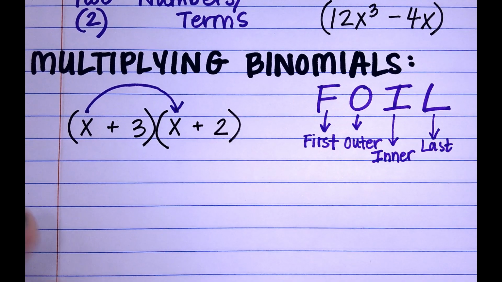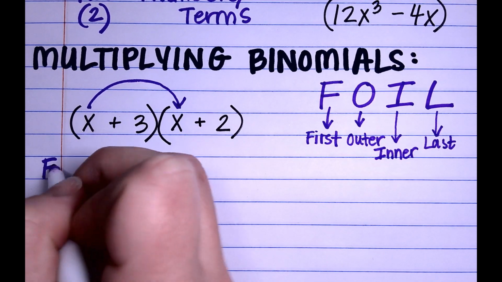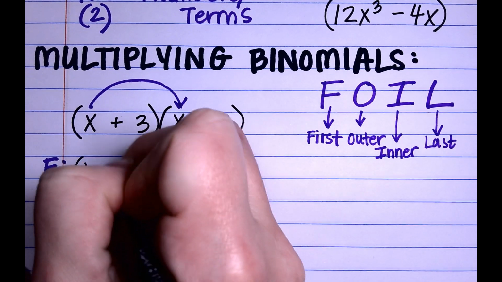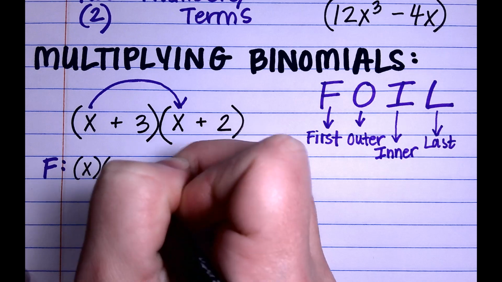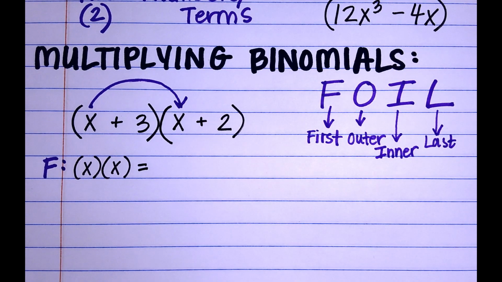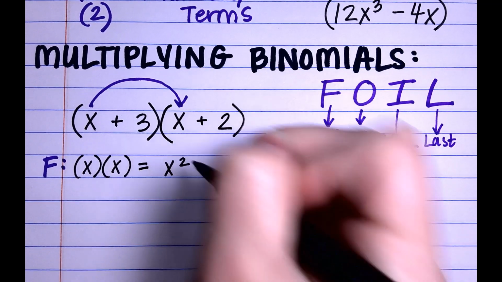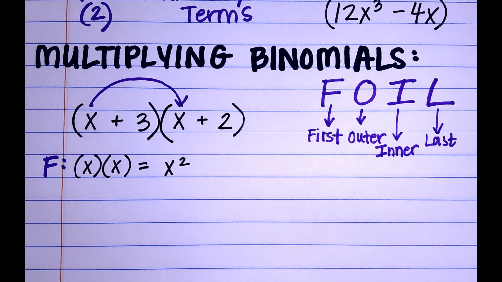That's our first terms. So for F, I'm doing x times x. What is x times x? X squared. Good. Okay, so we've done the first terms.